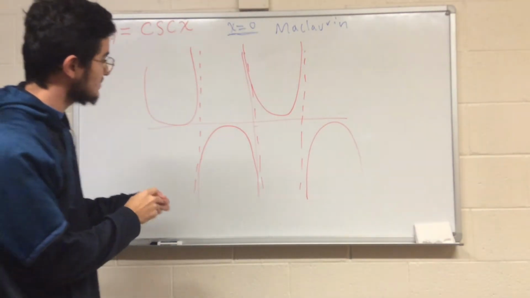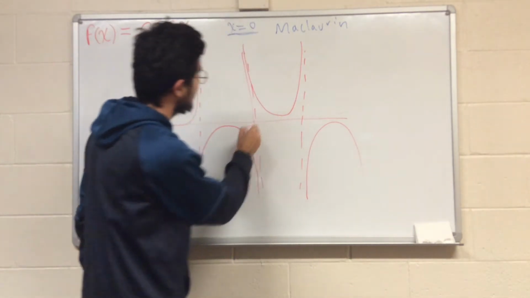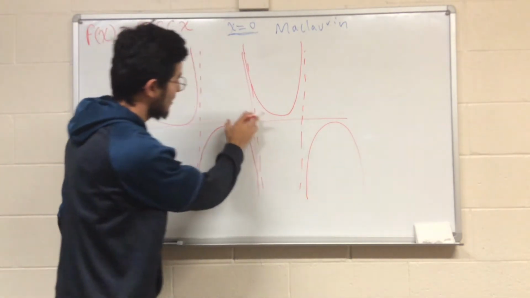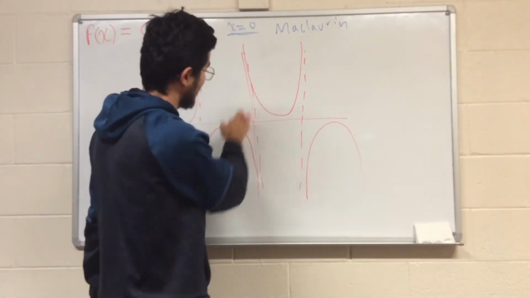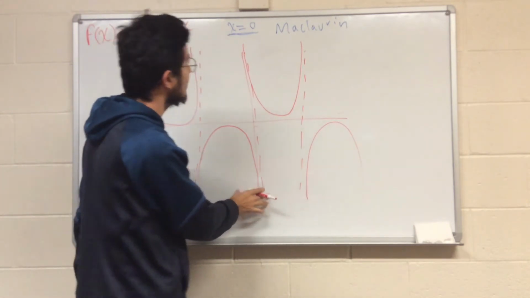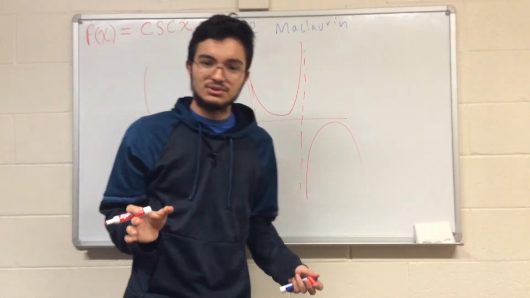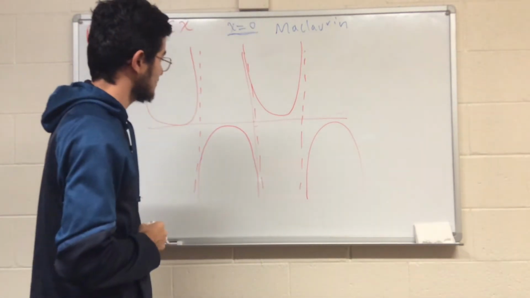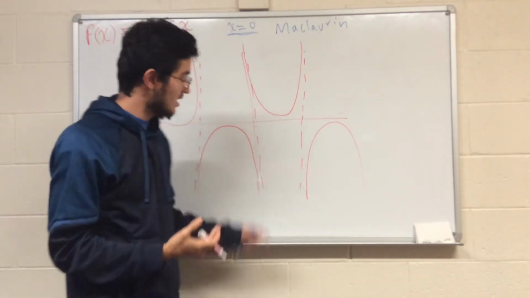And what happens is, if we try to approximate the value for cosecant around 0, we're just going to get a really large or a really small number, right? And so we cannot really use Taylor series approximations for this, because we don't have derivatives at this point.